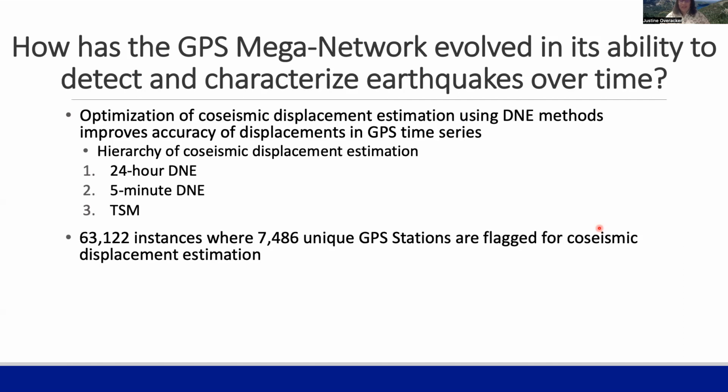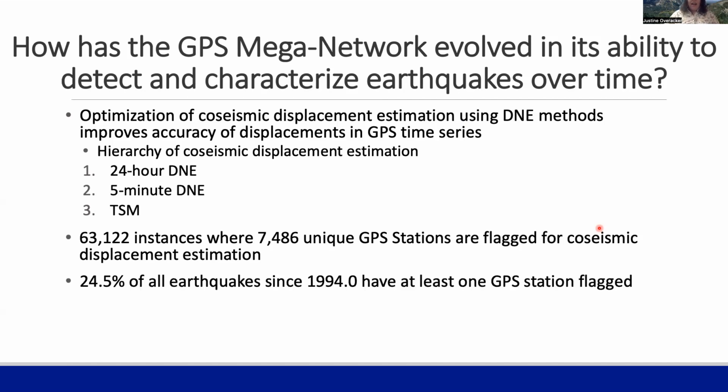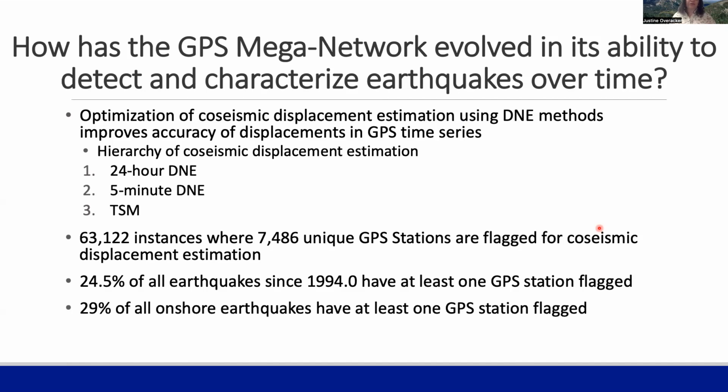And that shows us that 63,000 instances, where 7,486 unique GPS stations were able to detect an earthquake and estimate coseismic displacement. That number, 24.5%, is all the earthquakes that have been detected since January 1st, 1994. It improves for onshore earthquakes.